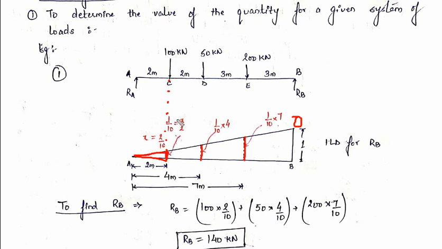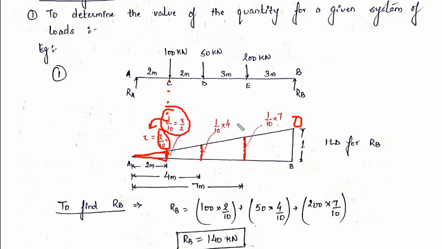Suppose the perpendicular of the smaller triangle is x, and the base of the smaller triangle is 2 meters. This is the property of similar triangles which we are going to use: the perpendicular of the bigger triangle divided by the base of the bigger triangle equals the perpendicular of the smaller triangle divided by the base of the smaller triangle. After solving this, we get the value of this ordinate as 2 by 10.